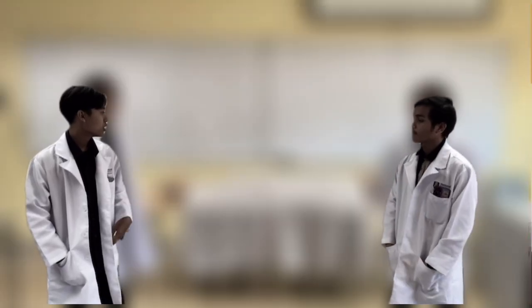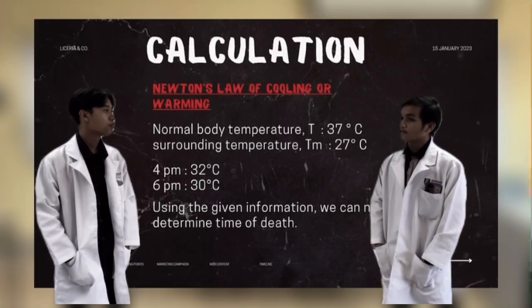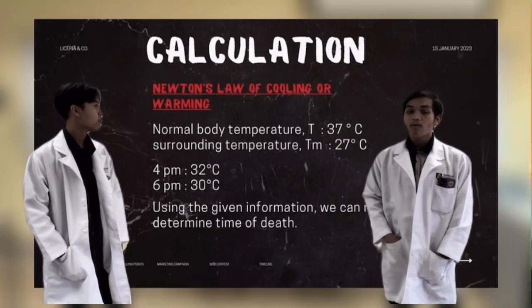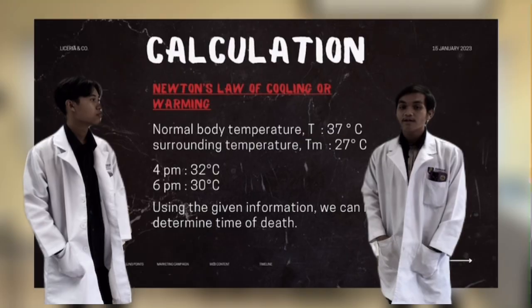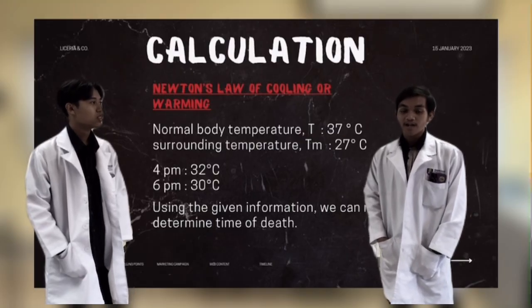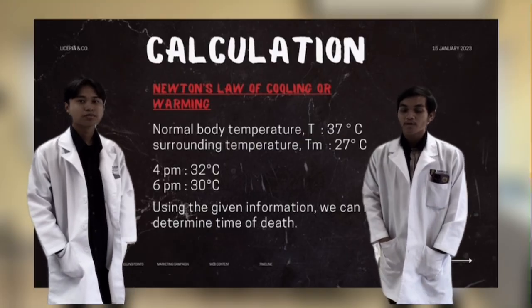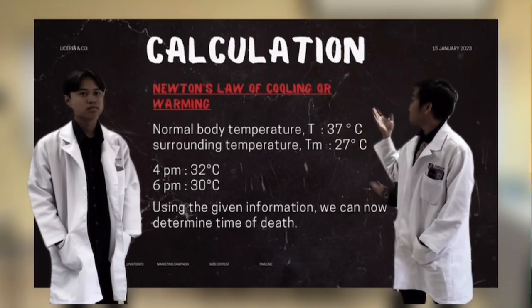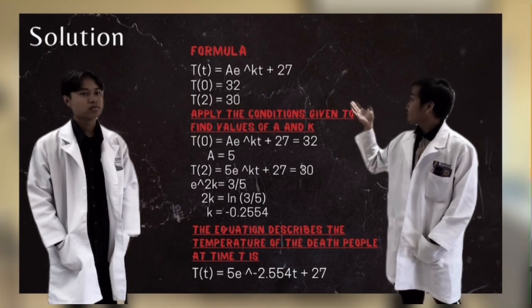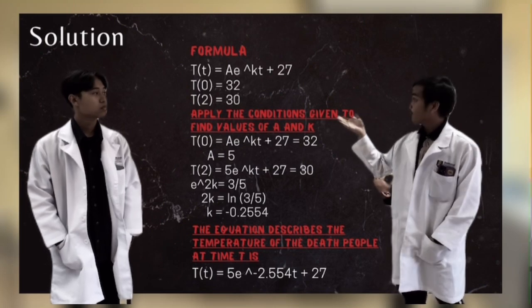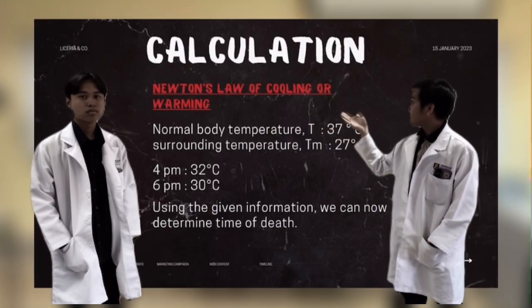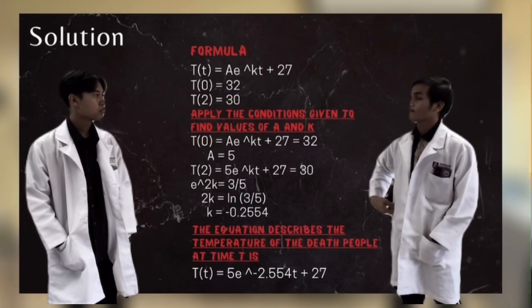So, Iskandar, how do we figure out the time of death for this body? Yes, to figure out the time of death, we need to apply one of the subtopics from differential equations, which is Newton's law of cooling. So the general equation is T equals A e to the power of kt plus Tm, where Tm is the surrounding temperature and T is the body temperature.